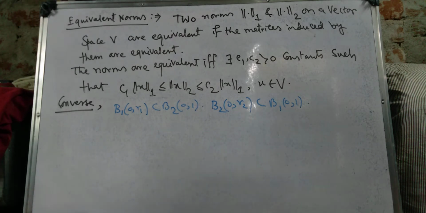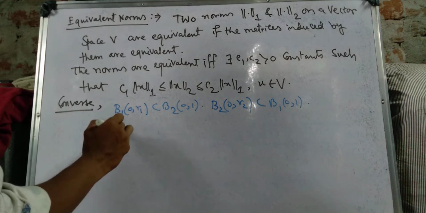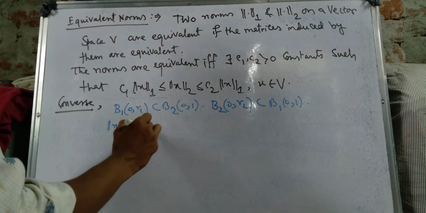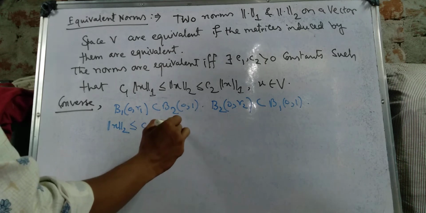By these things we get the required result. That means norm of x2 is less than or equal to C2 norm of x1.